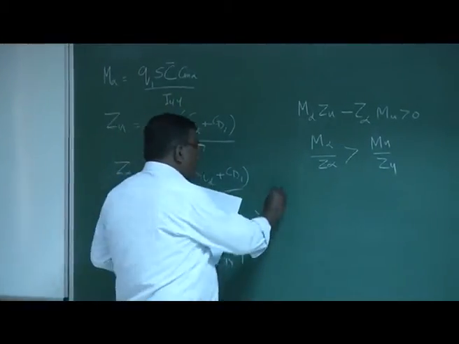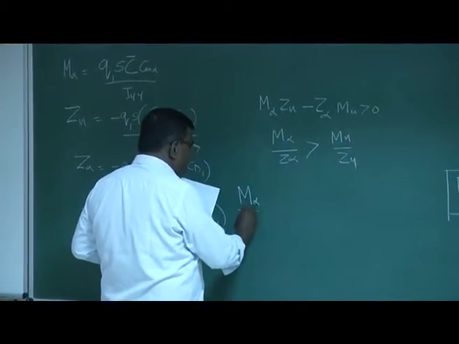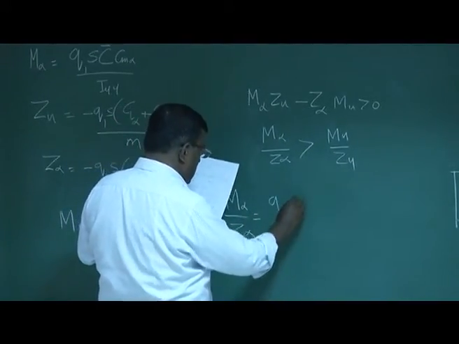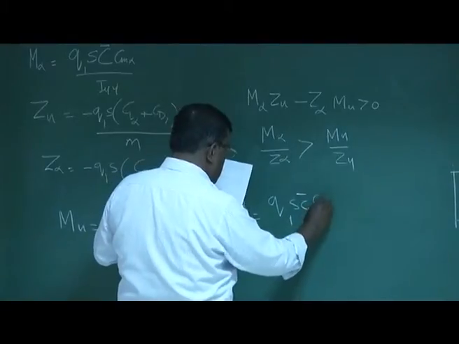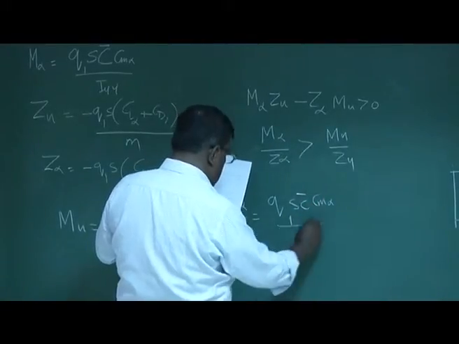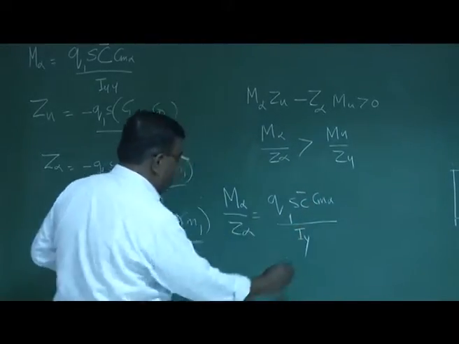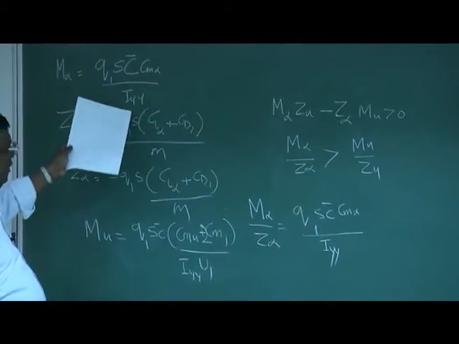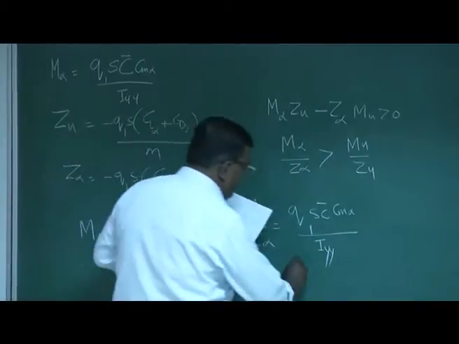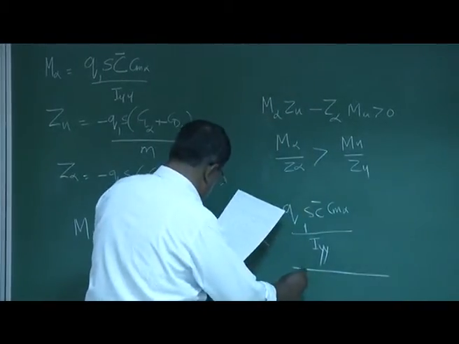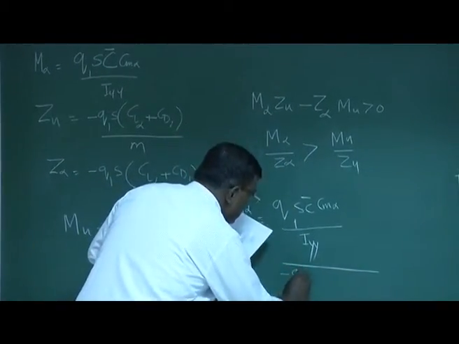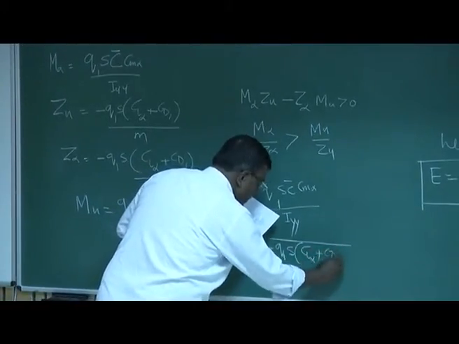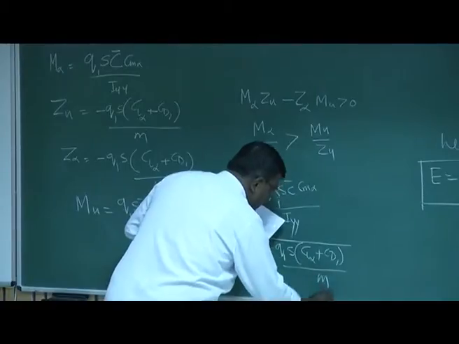Then m alpha by Z alpha will be nothing but, let me write, Q1 S C bar Cm alpha by Iyy, that is m alpha, divided by Z alpha. Z alpha is minus Q1 S Cl alpha plus Cd1 by m.